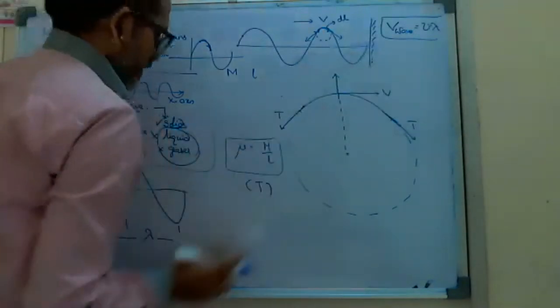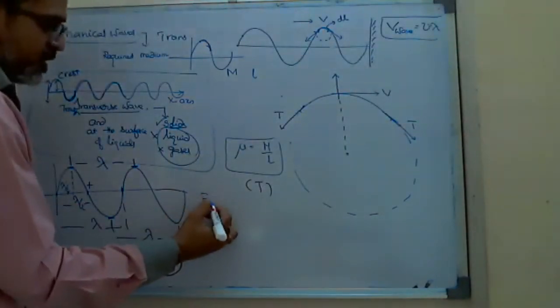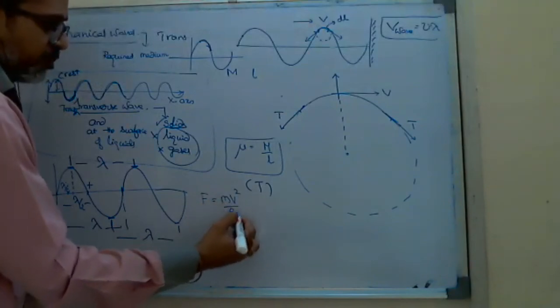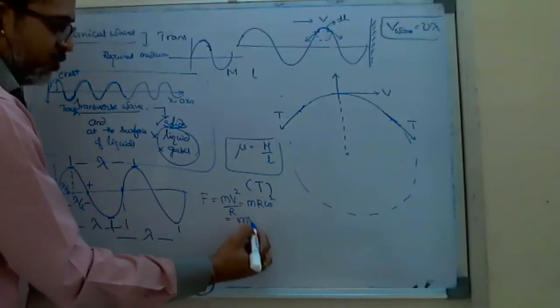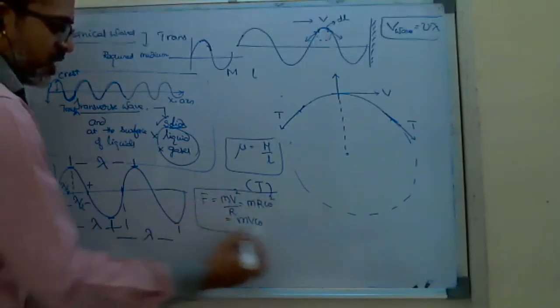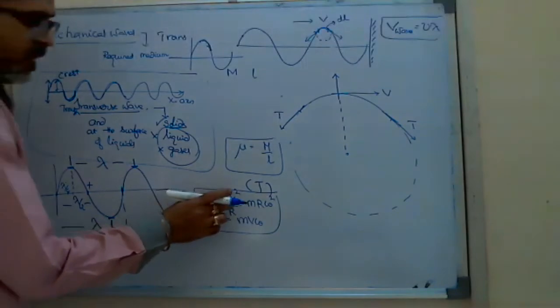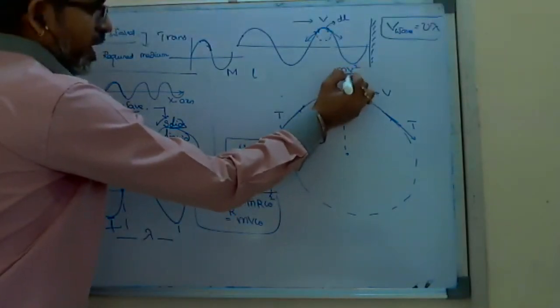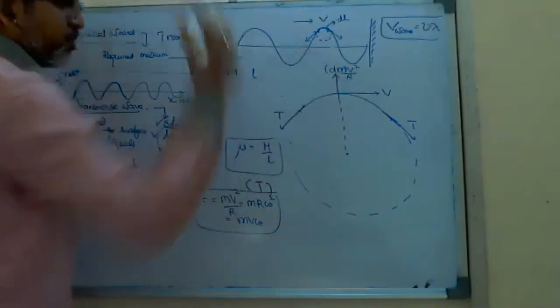We have circular motion in first year. There, the centrifugal force is equal to mv square by r, m r omega square, or m v omega. We have three formulae in our first year. If I use the one with velocity, the centrifugal force is mv square by r, with the mass of this part being some small mass dm.